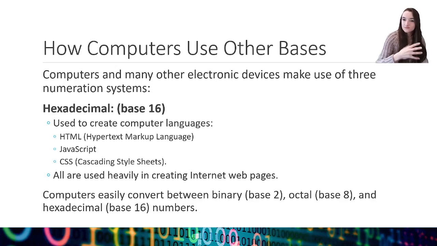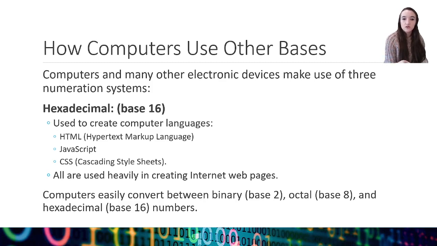Then we have a step above that, the hexadecimal system. This one allows us to have base 16, and it is used to create computer languages. HTML, JavaScript, CSS, most computer languages use hex, or hexadecimal, conversion in order to write out numbers and do coding.